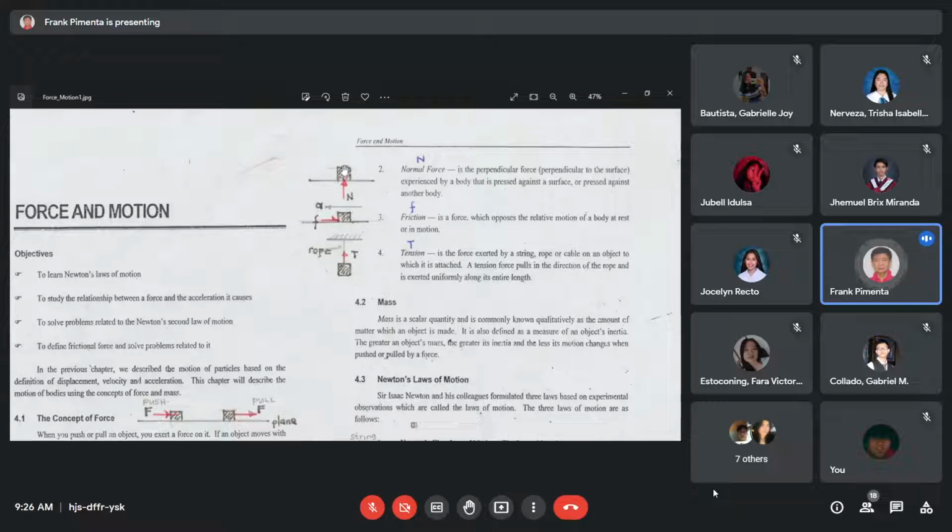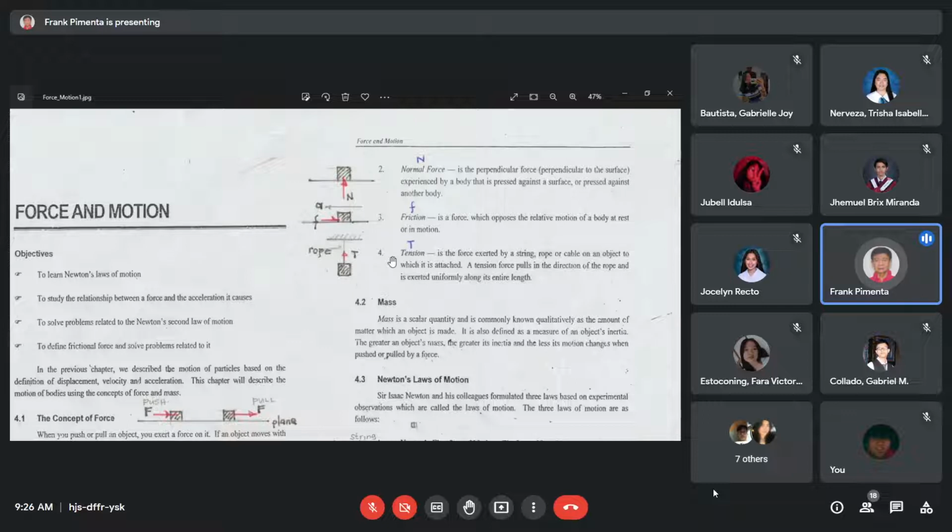You cannot understand now why the normal force was placed here. And in the definition, there should be two surfaces pressing each other. Clear. Okay? Any question, class?